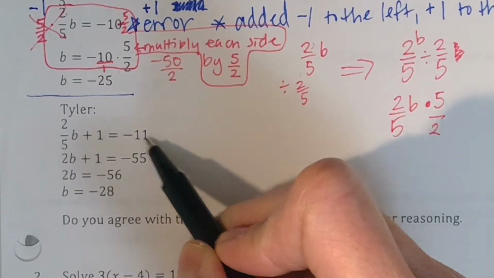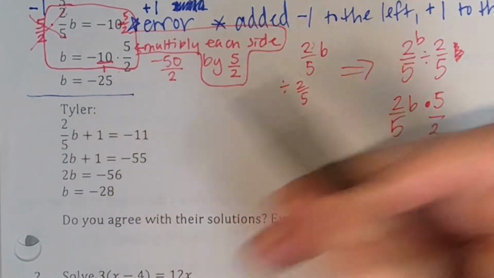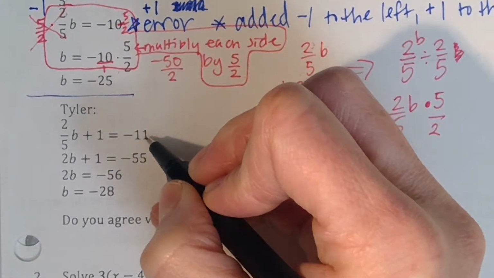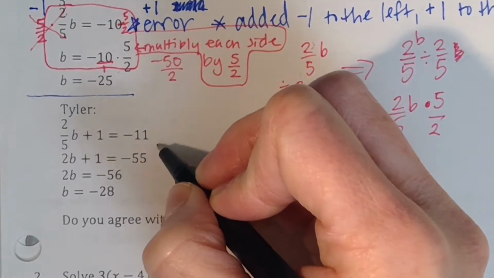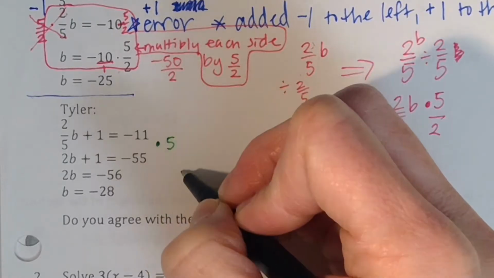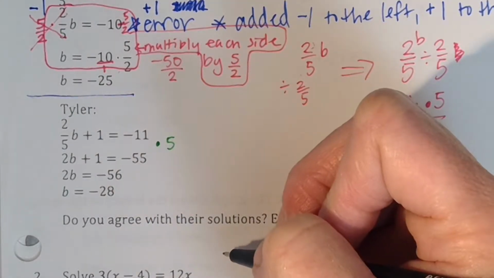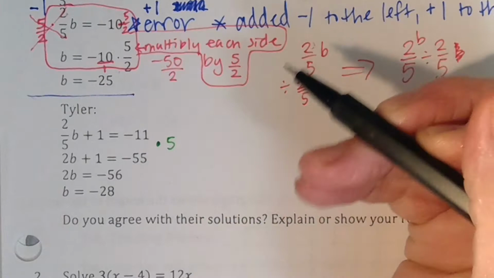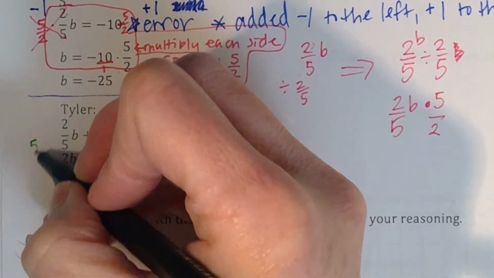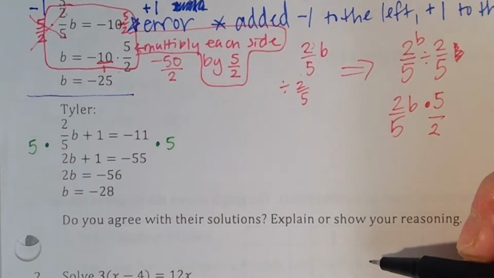Let's focus on what happened on the right-hand side, just because its numbers might be easier. Well, -11 times 5 is -55. Whatever you do to the right, you have to do to the left. So let's multiply the left side by 5.